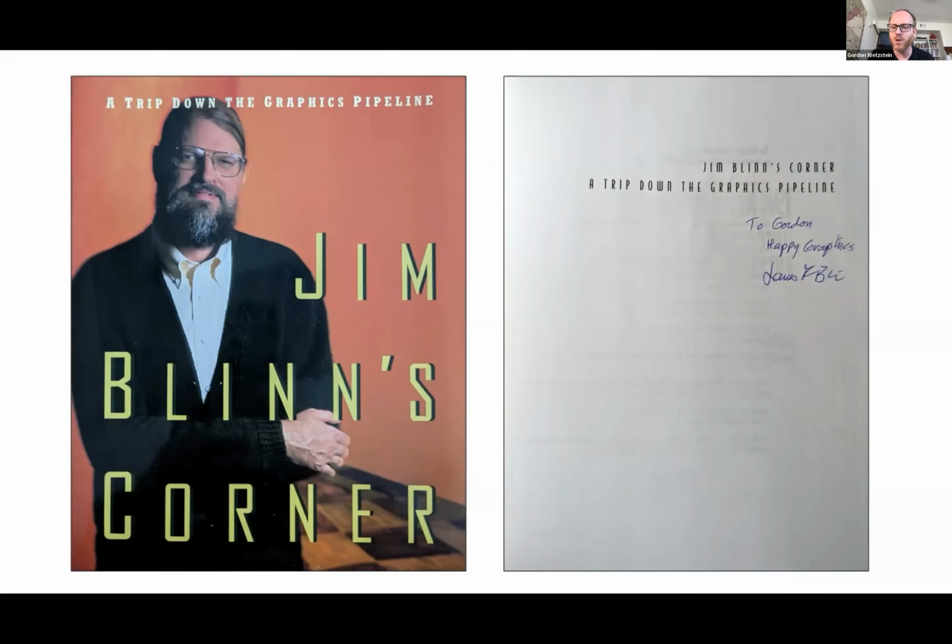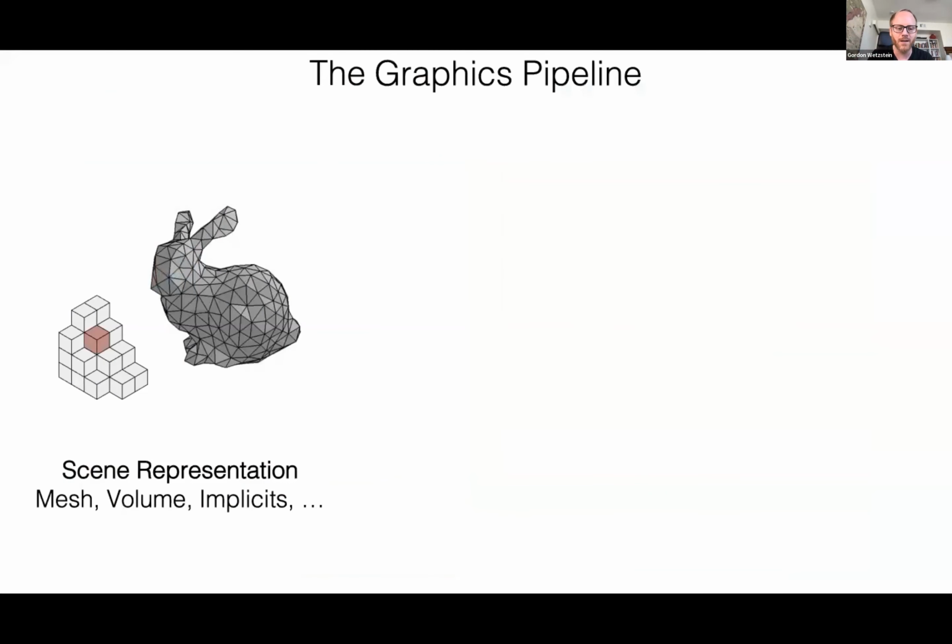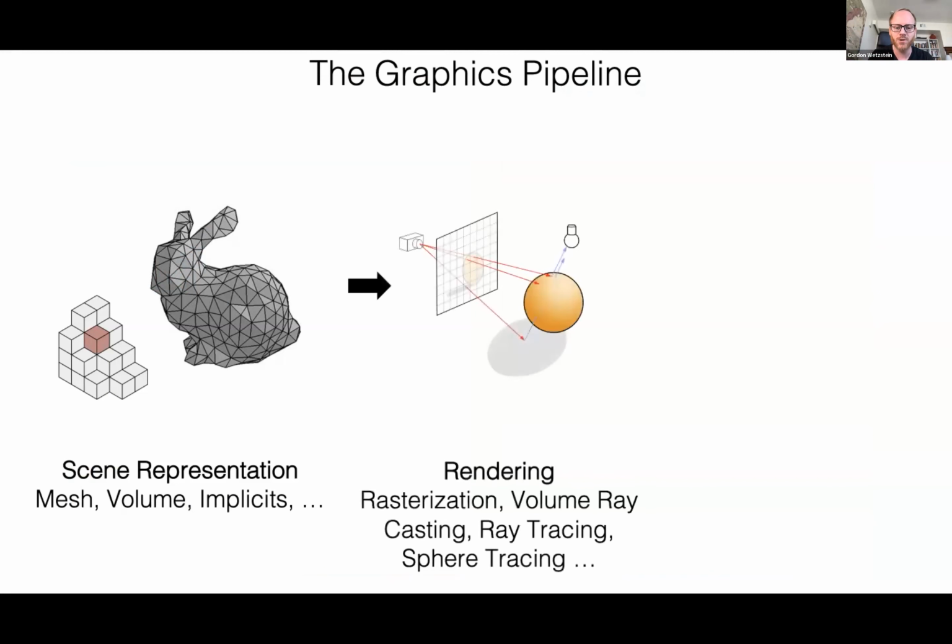So let me briefly summarize what the graphics pipeline is, because it's very relevant to the discussion of generative 3D models. Typically you start with some kind of 3D representation, and in graphics that's usually either meshes, a volume, implicit functions, or some other type of 3D representation. Then we have rendering.